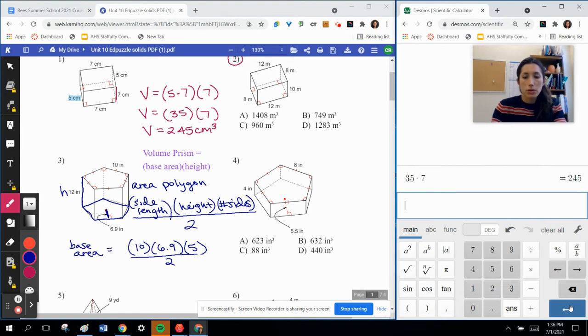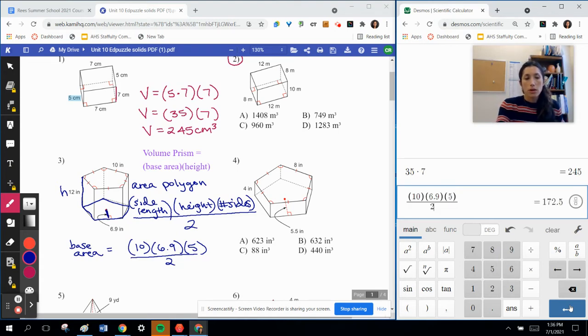All right, so let's multiply these out. We've got 10 multiplied with 6.9 multiplied with 5, all divided by 2. So our base area for this shape is going to be 172.5.